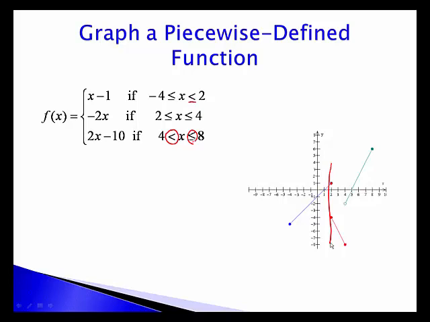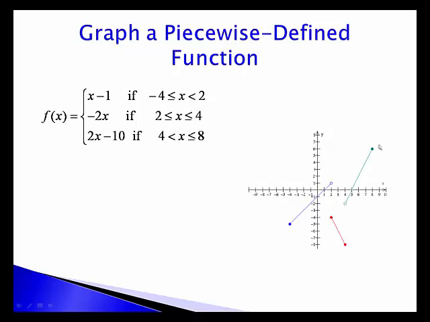It would hit, if I had drawn it correctly there and it had hit both of those dots, one vertical line would hit the function in two different places, which means it would not even be a function. So if I had that situation, then our piecewise function wouldn't even be a function. So as long as one of the circles is open, it's okay that the other one is closed.